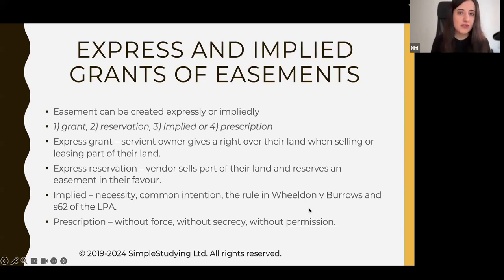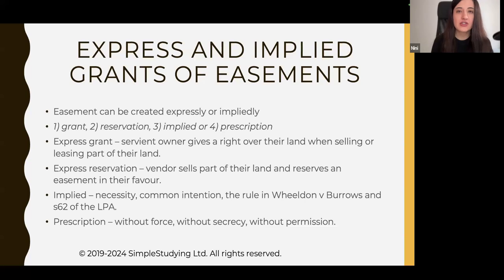The rule in Wheeldon v Barrows is when you have a quasi easement, where you satisfy all the requirements of the easement, but the land was owned by just one person. If the land is owned by one person, it can be a quasi easement, and then it converts to a full easement when the land is sold.